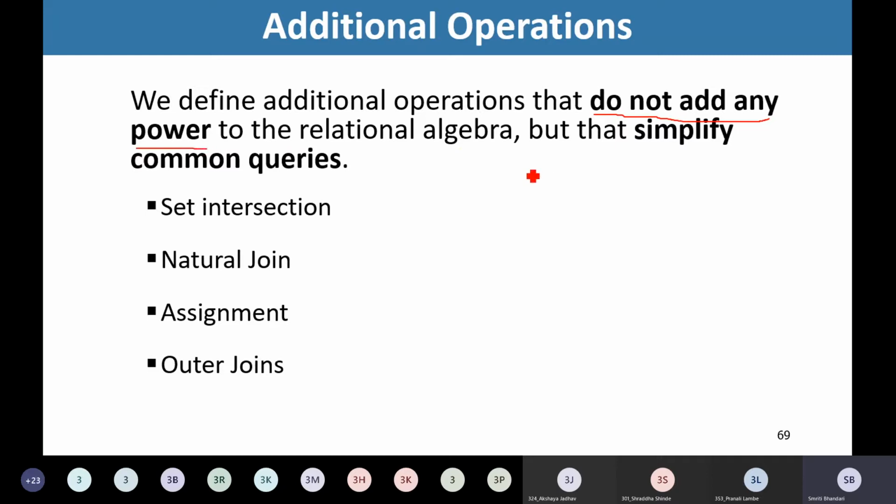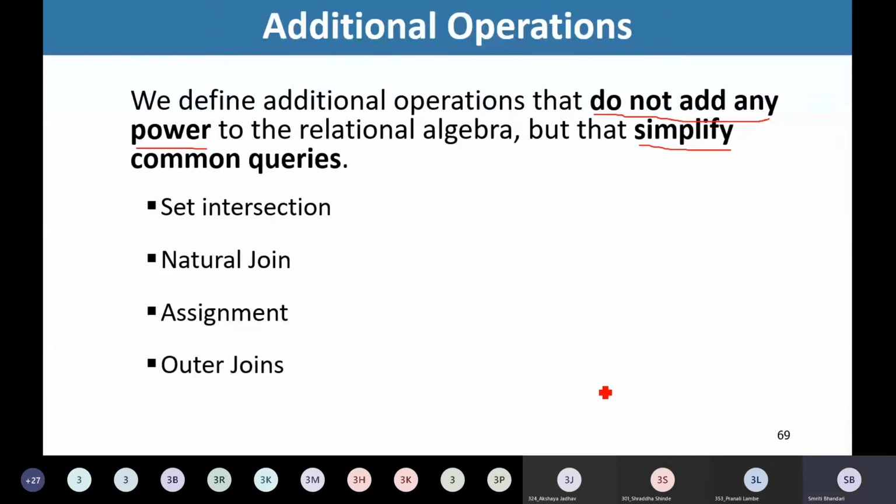But they are meant for simplifying our task. Many times it happens that even though the basic relational algebra operations can be used to write the query or perform the task, these queries become a bit complex.